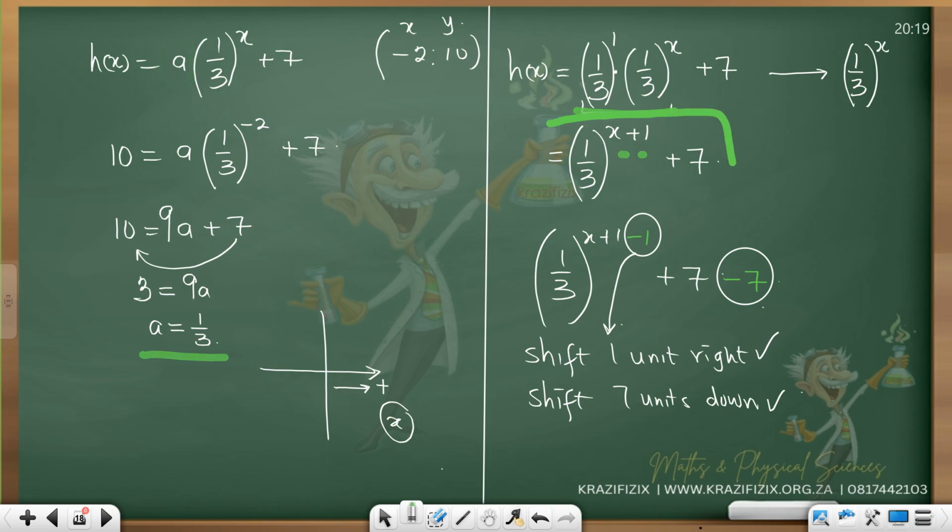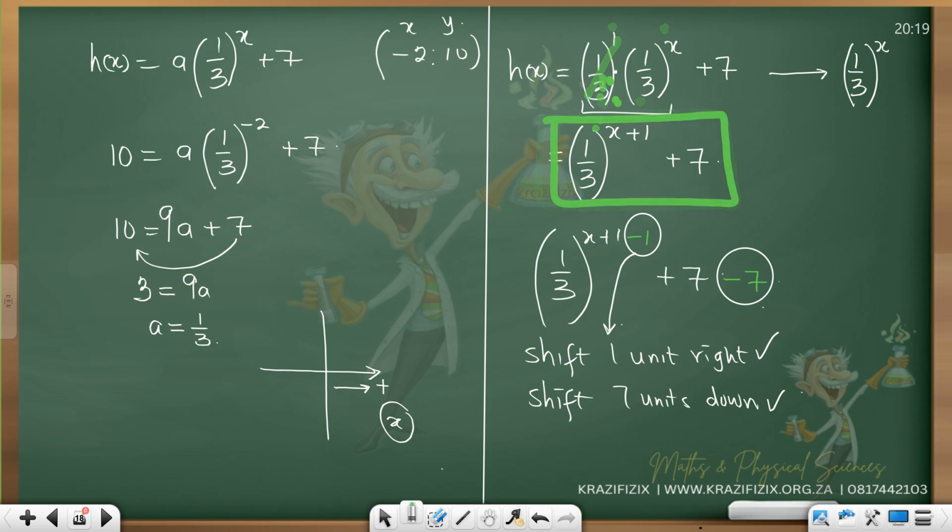So I only simplified to make me see quickly what I need to do. Keep the base and add the exponent so that I have one single thing. Then it's easy for me to see, because otherwise I wouldn't know what to do with this 1/3. You see what I'm saying?